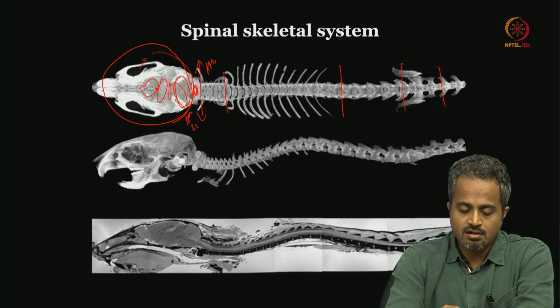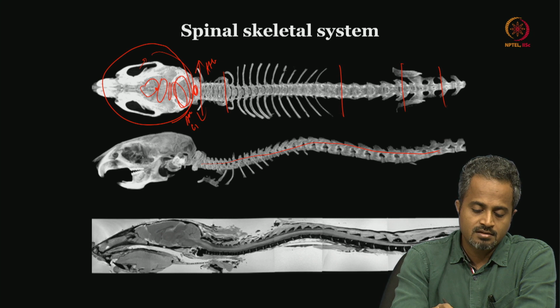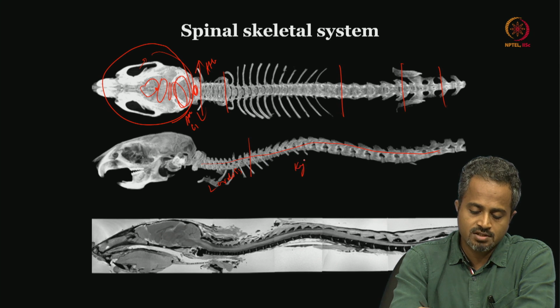So this is how the curvature of the spine is also maintained, which is very important to understand these curvature. This is called cervical lordosis. This is thoracic kyphosis. This is normal lumbar lordosis.